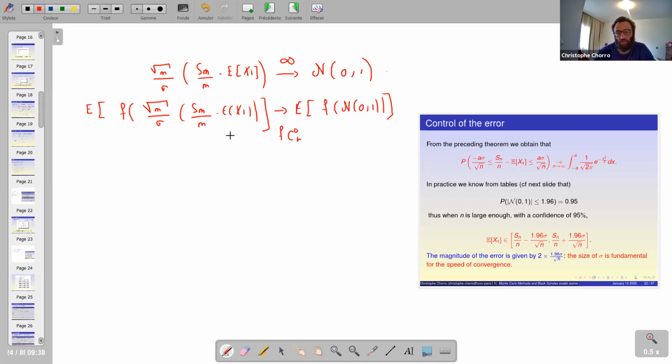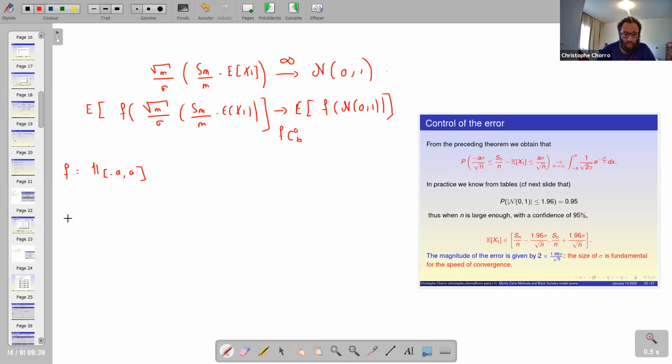But I have said to you that in the convergence in distribution, I can also take for f an indicator function. So I will take an indicator function of this form, the indicator function of the interval minus a, a. And if I do this, what I obtain is the expectation of an indicator function, which is in fact a probability.